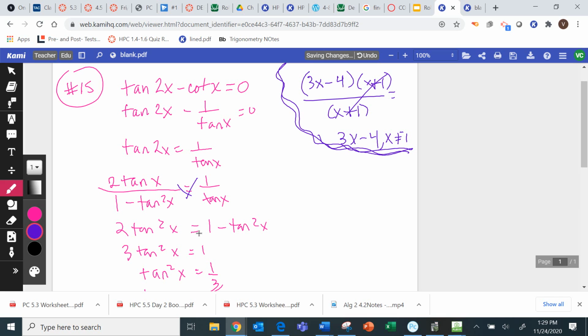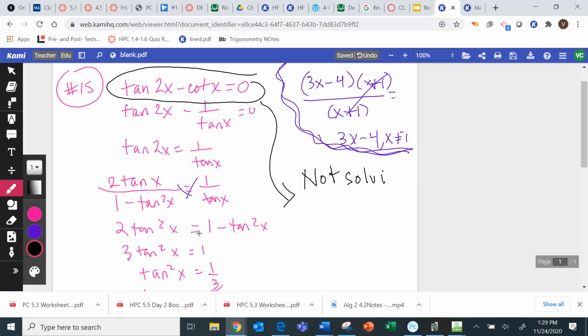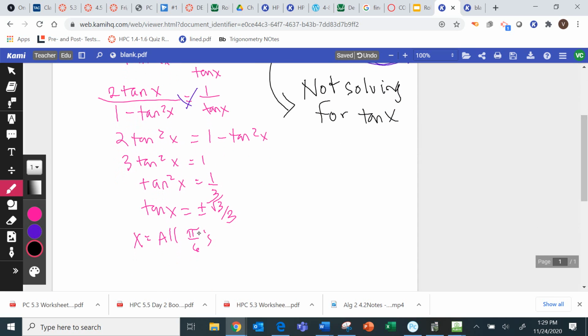If I am solving this, I am not solving for tangent x. But when I actually solved it, I solved it for tangent x.